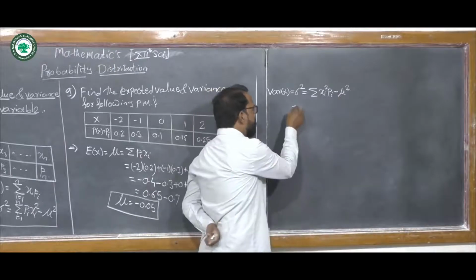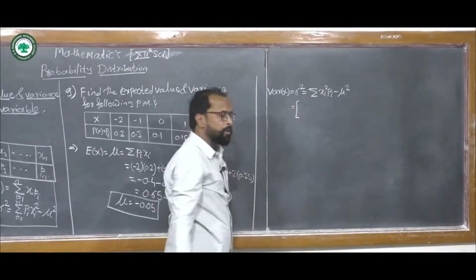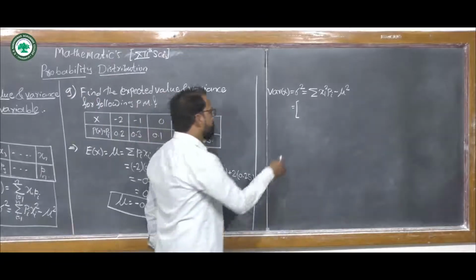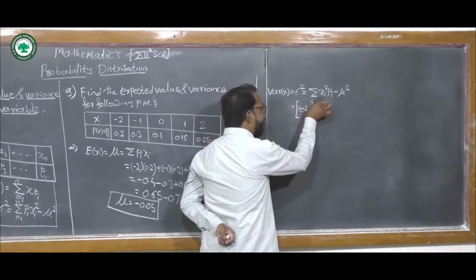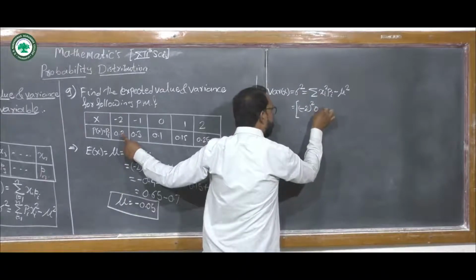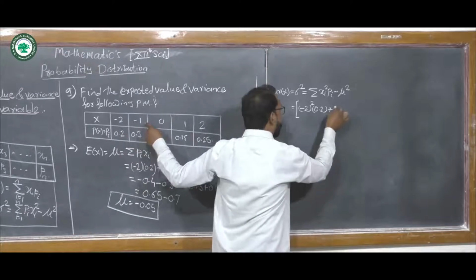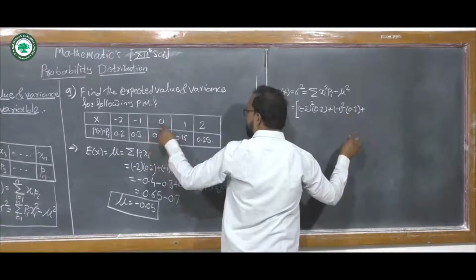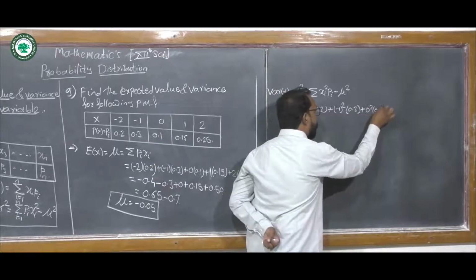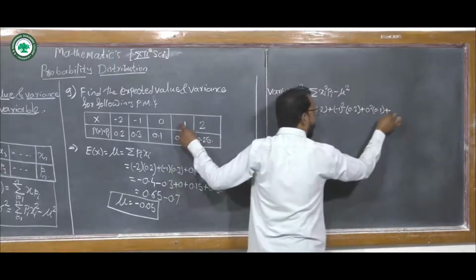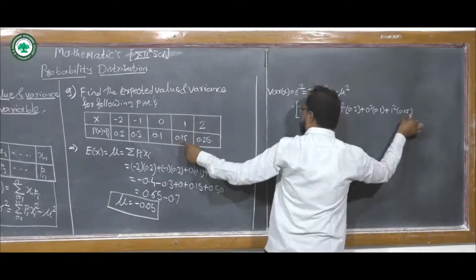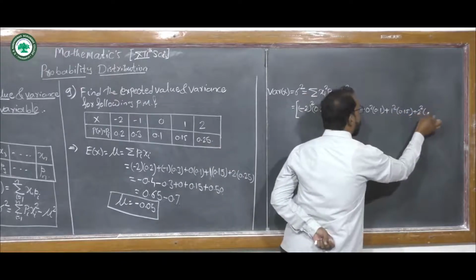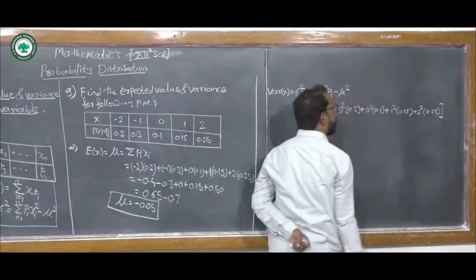Now putting in these values, first we write the summation of products, so xi square into pi becomes (-2) square into 0.2, plus (-1) square into 0.3, plus 0 square into 0.1, plus 1 square into 0.15, and lastly plus 2 square into 0.25, and minus this mu.